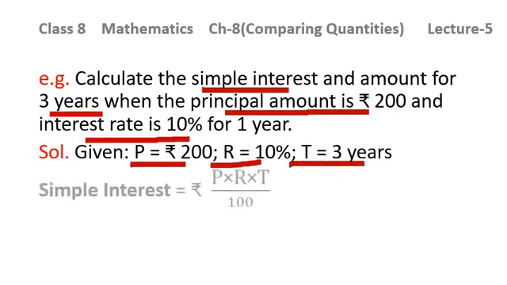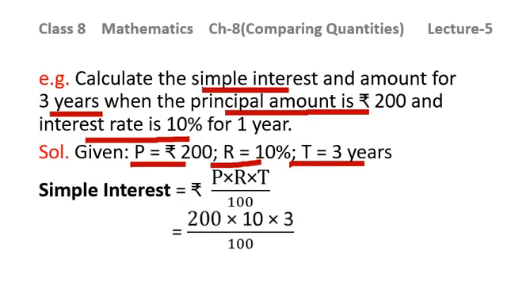We know the formula: simple interest is equal to rupees P into R into T over 100. Putting the values, 200 into 10 into 3 over 100, that will give you rupees 60. So the simple interest is rupees 60.